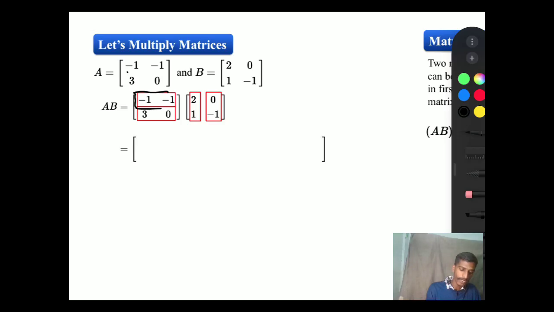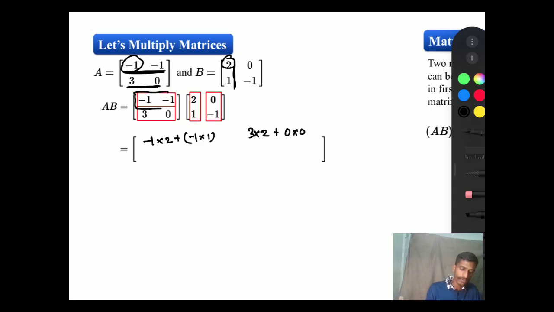Here we have to multiply a row and a column together, like minus 1 into 2. We'll multiply these two first, add up, and perform multiplication on minus 1 into 1. Similarly, we'll move to the next row and the same column: 3 into 2 plus 0 into 0.